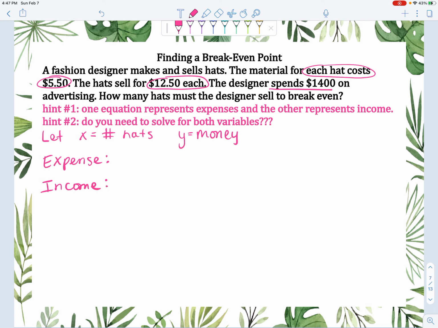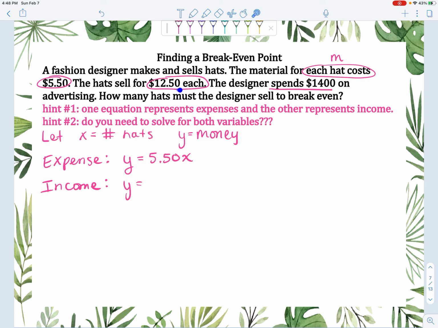That's the way to look at these break-even examples. So let's see if we can find a rate for our expenses. It says the material for each hat costs $5.50. This is an expense rate here. It's $5.50 per hat. So this is my slope, but it's my slope for my expense equation.